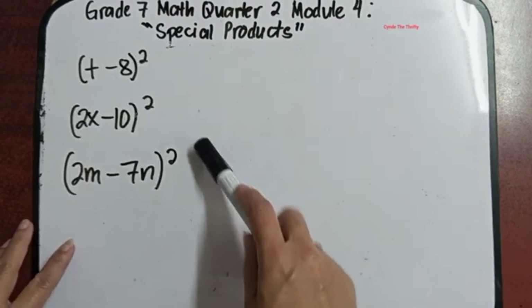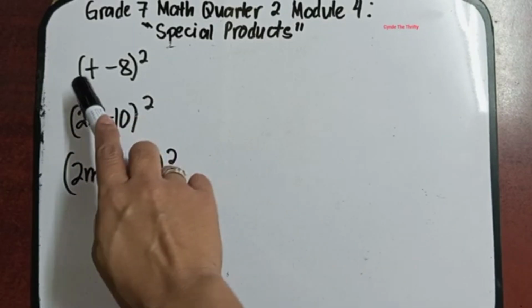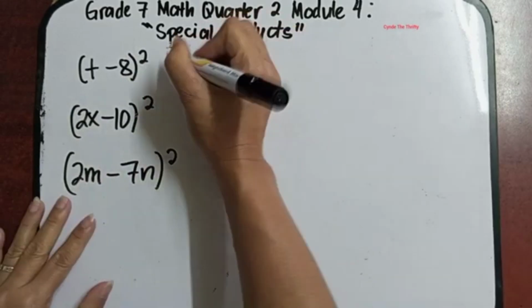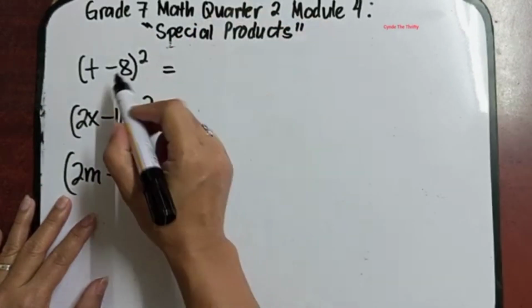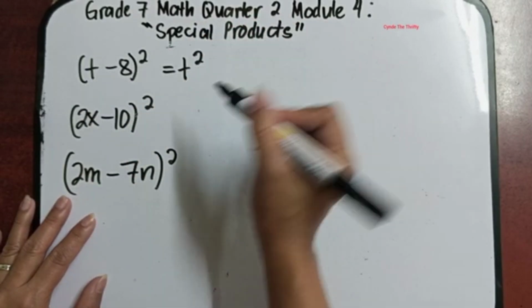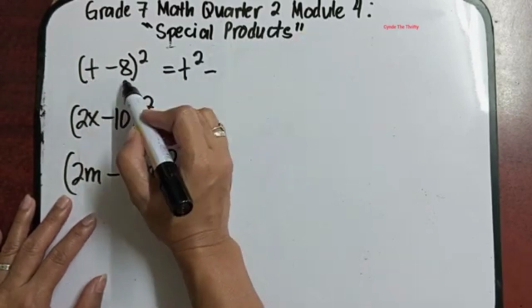Ngayon, i-apply na natin ating squaring a binomial difference. Okay, first example, t minus 8 squared. Okay, ano yung unang gagawin natin? I-square natin ang first term. So, t ang first term natin. So, t squared. And then, i-subtract natin ang product ng two terms times 2.